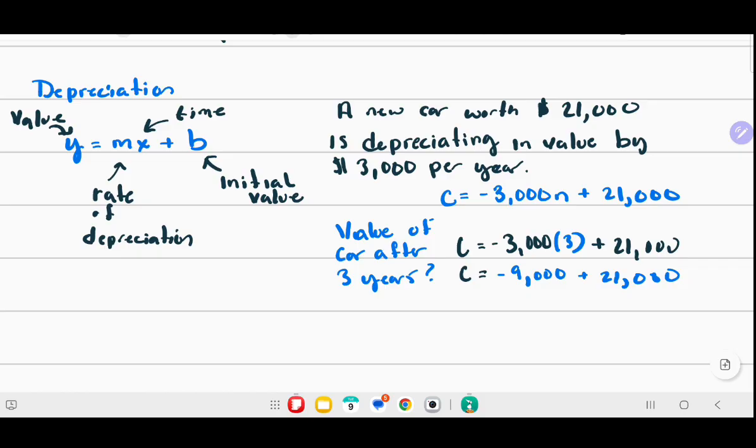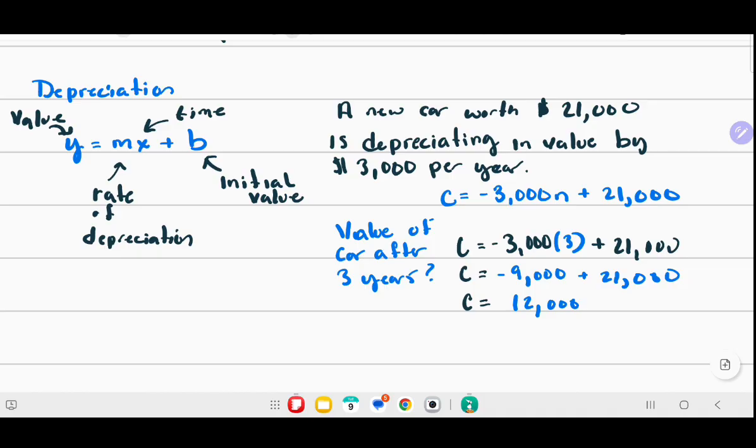Plus 21,000. So what we end up with is C is equal to 12,000. So a new car that's worth $21,000, depreciating at $3,000 per year, is worth $12,000 after 3 years. It's crazy, huh?